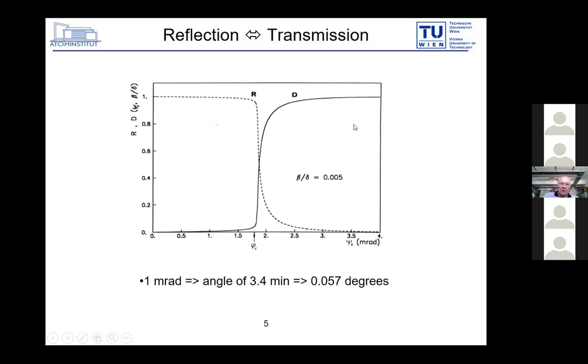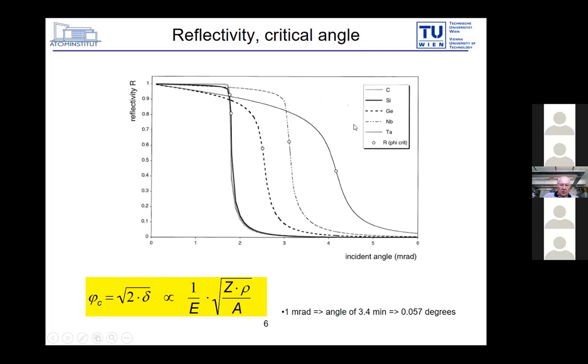The other one is now showing you the critical angle dependent on the energy of the incident radiation. And as a material constant, you see here under the square root, the density of the material.